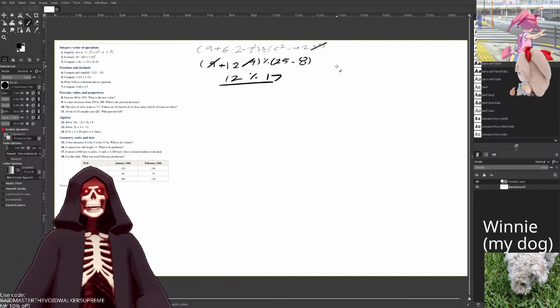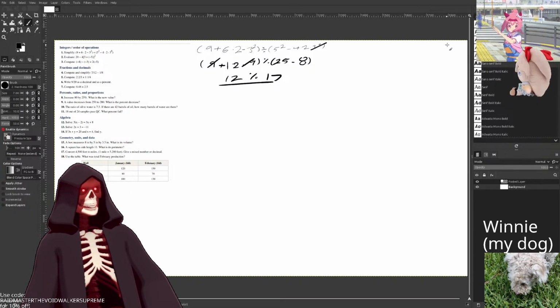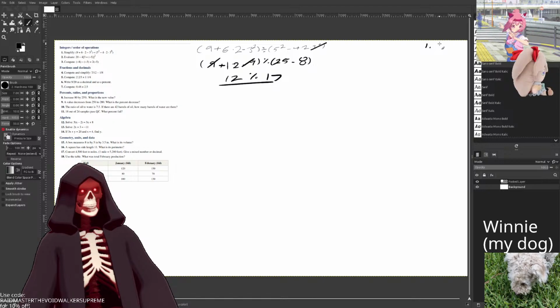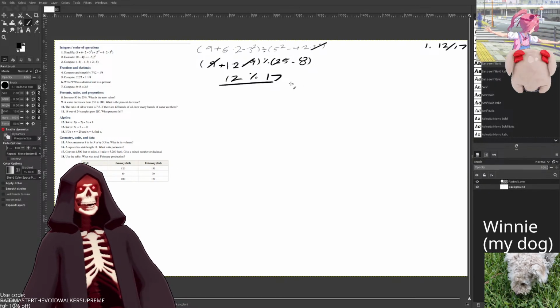That's right. So we'll put over here, we'll put 1 is 12 over 17.